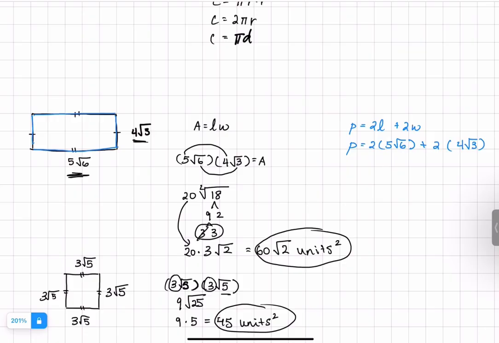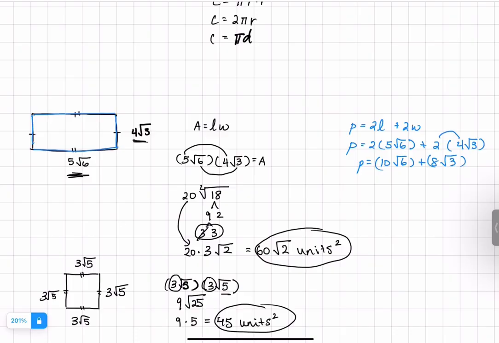Let's start with the parentheses, distributing the 2 to both of them. So P equals 2 times 5. We're multiplying the numbers outside with themselves. 2 times 5 is 10 root 6, plus 2 times 4 is 8 root 3.